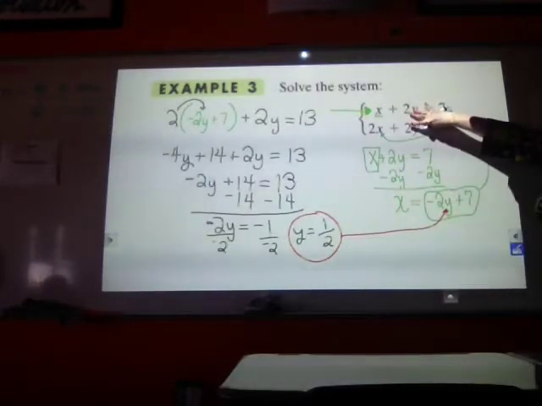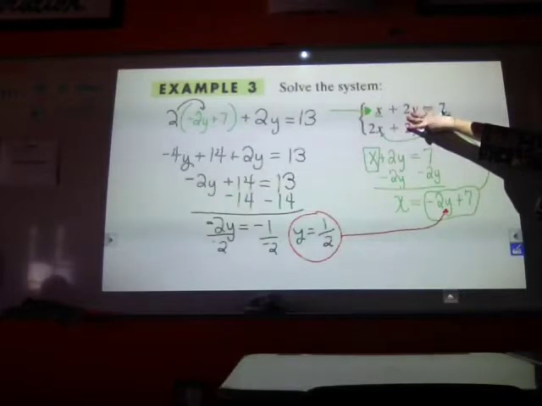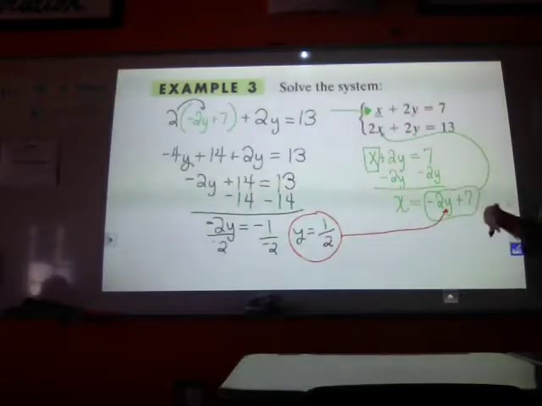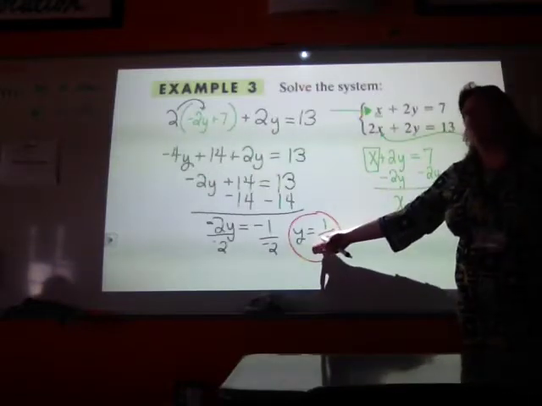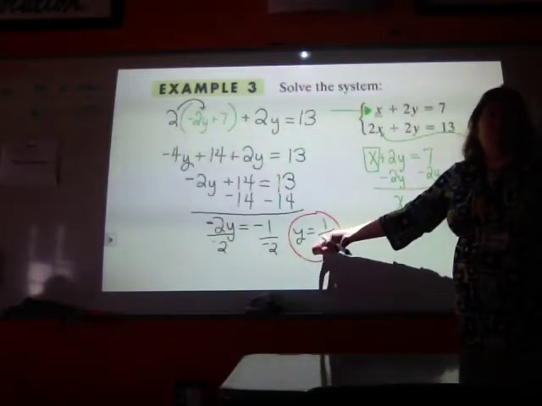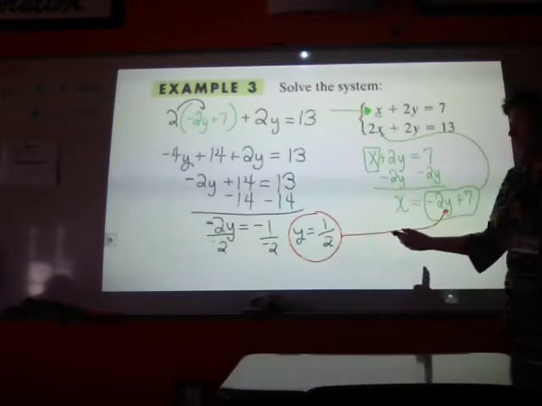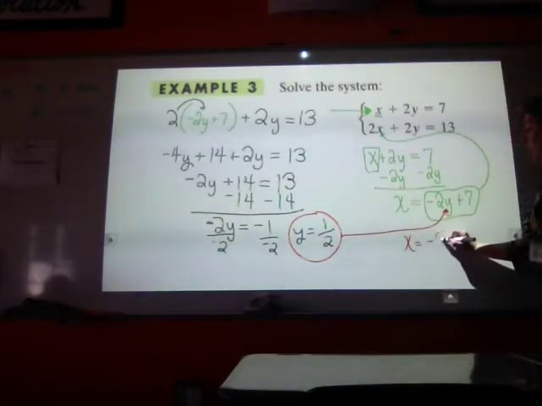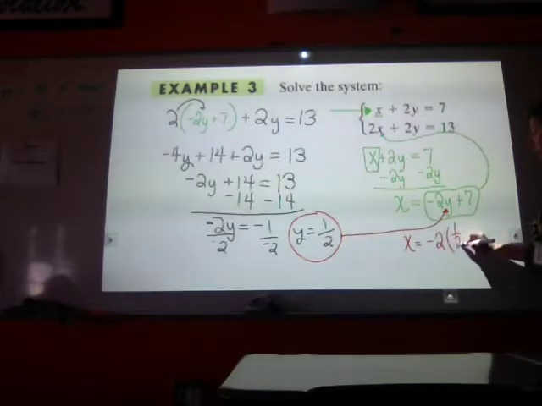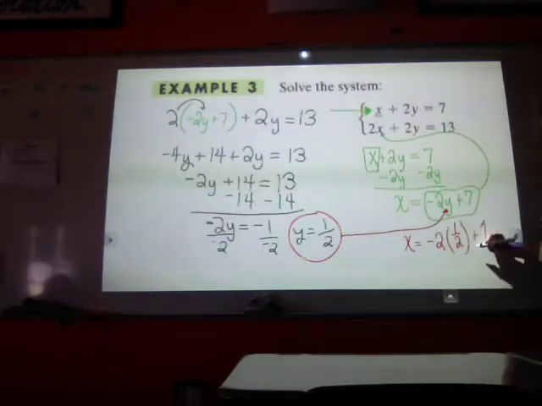Now, I could go back and use one of these two if I really wanted to. But let's be realistic. If I've solved this equation wrong, I'm going to get this point wrong anyway. So I'm going to have x is equal to negative 2 times 1/2 plus 7.